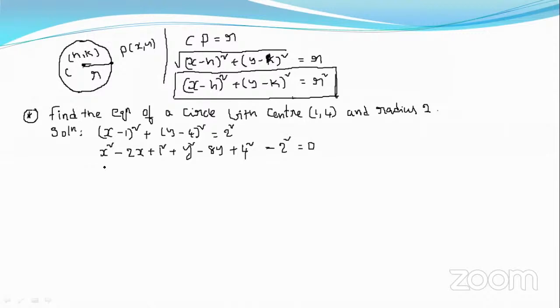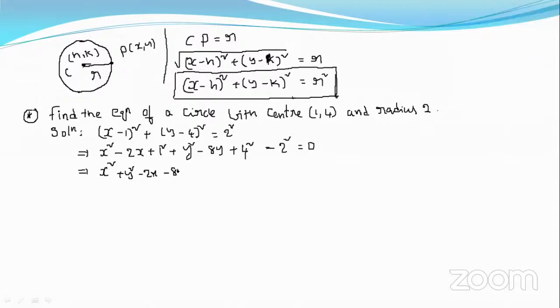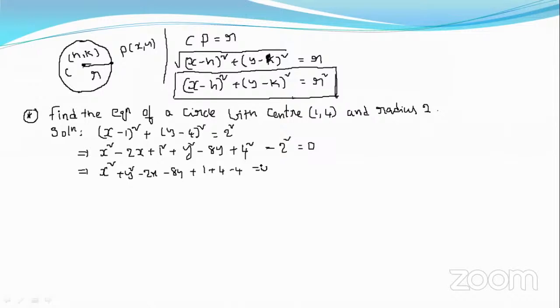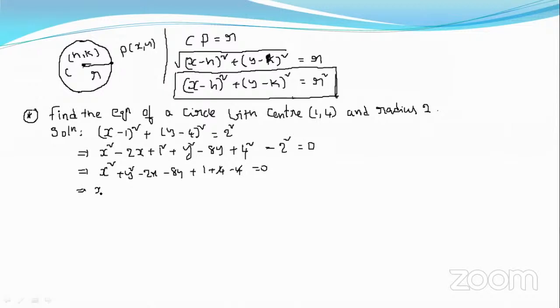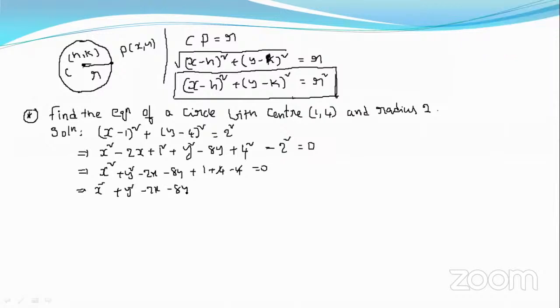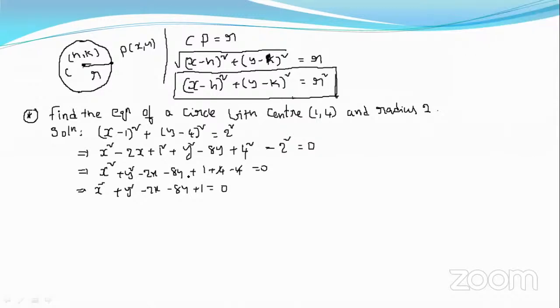Let's finish this equation. x square plus y square minus 2x minus 8y plus 1 plus 4 minus 4 equals 0. We can cancel plus 4 and minus 4. So x square plus y square minus 2x minus 8y plus 1 is the equation of the circle, right? Yes, sir. Now, another question.